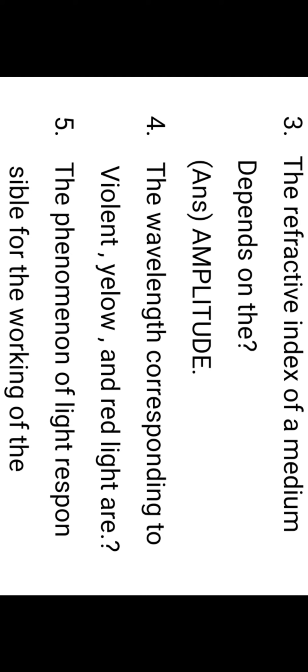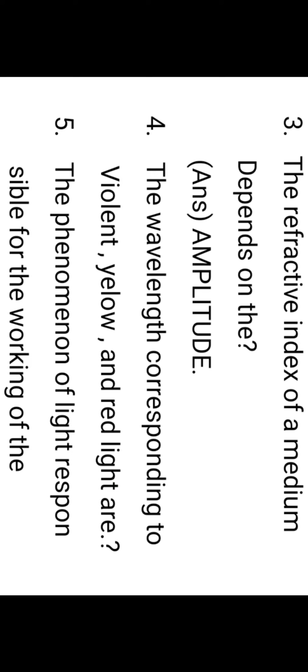The refractive index of a medium generally depends upon two factors: the nature of the medium and its optical density. The smaller the speed of light in the medium, the higher the refractive index of the medium.